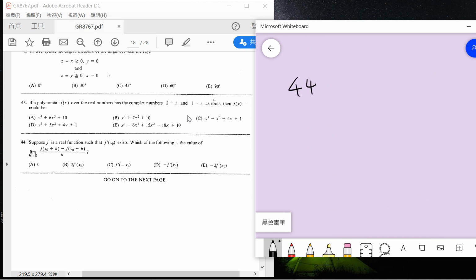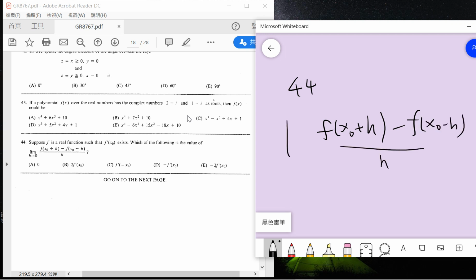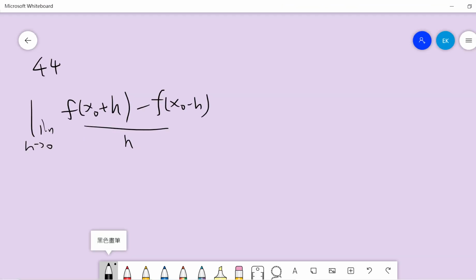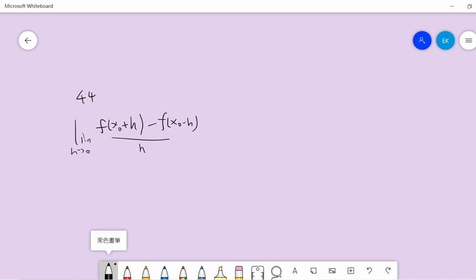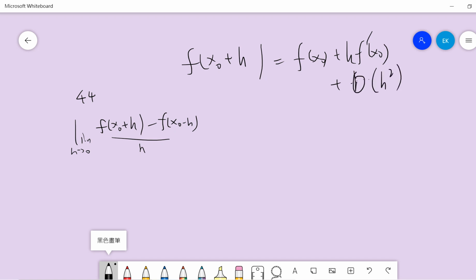44. 44 asks you about this limit. You have multiple ways to solve this, right? The first way is you use a Taylor expansion, that f of x0 plus h is f of x0 plus h f prime of x0, and keep going with the h squared term, so a big O of h squared term.